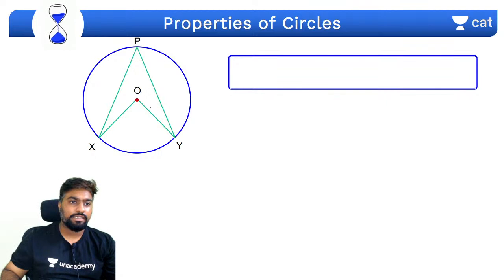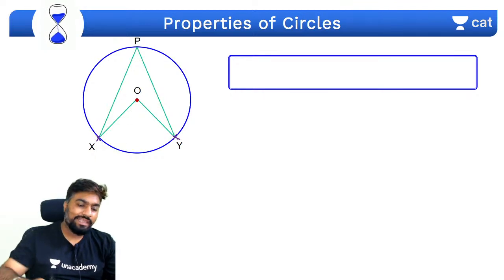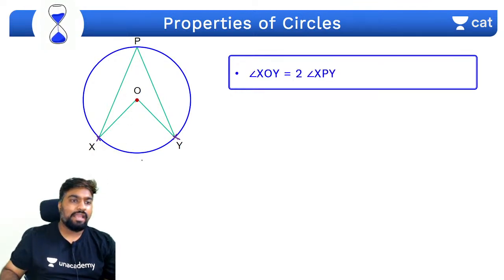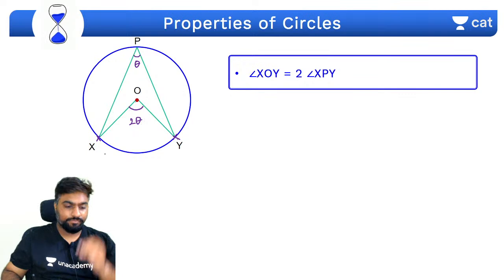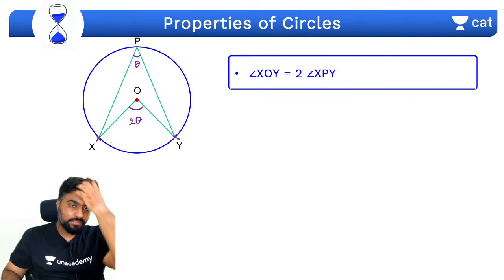Are you getting it? These are 2 sectors. So XOY is a sector, XPY is a sector. If they both originate from the same arc, then the angle XOY will always be double of this. Yes, so if I say this is theta, then this will always be 2 times theta. Are you getting this?